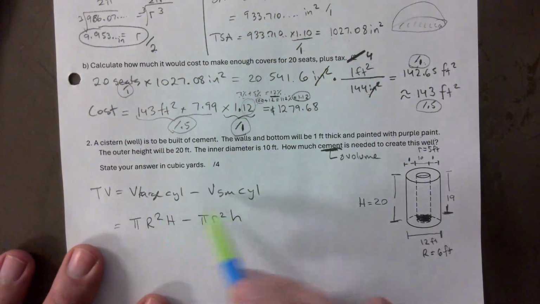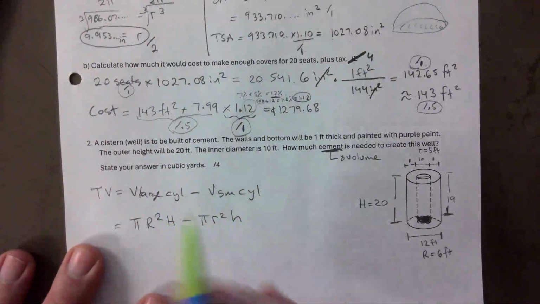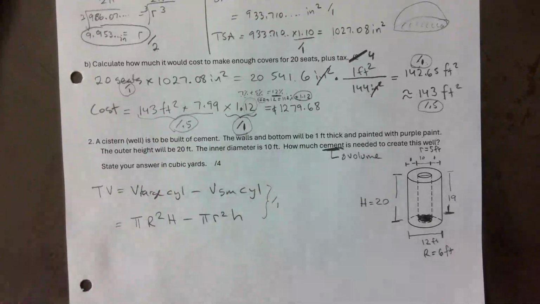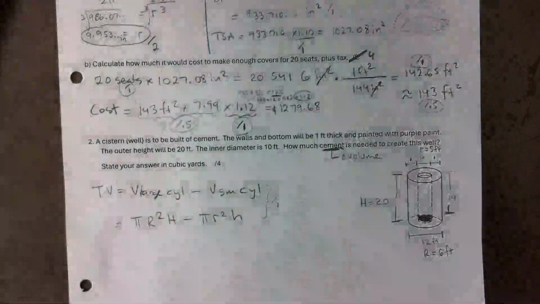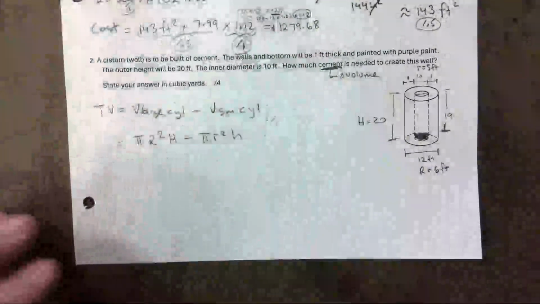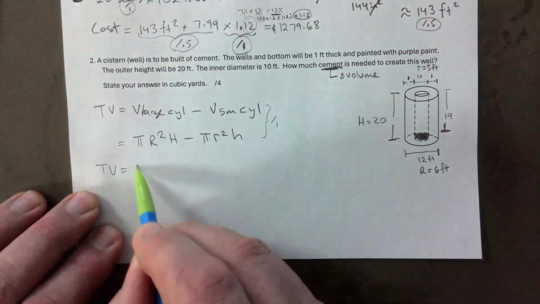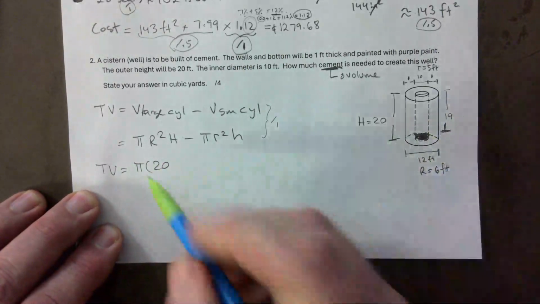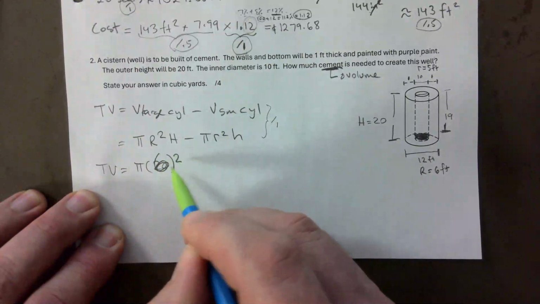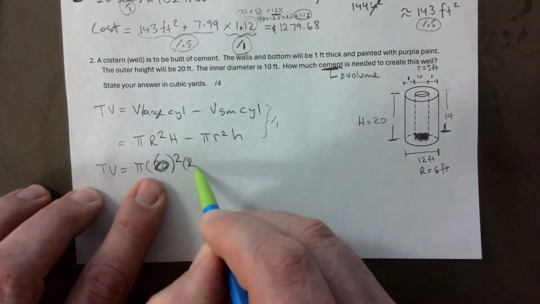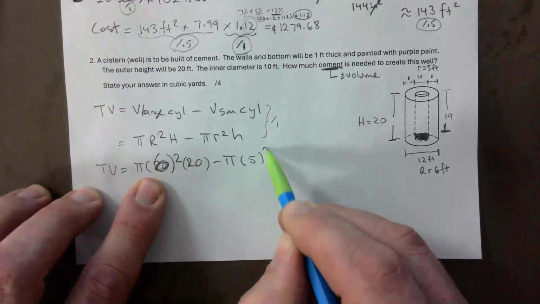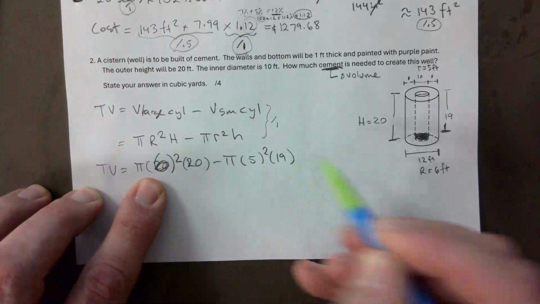If I see some indication that you're subtracting volumes of cylinders, I would give you a mark already. Now we plug in pi, 6 squared times 20, minus pi, 5 squared times 19.